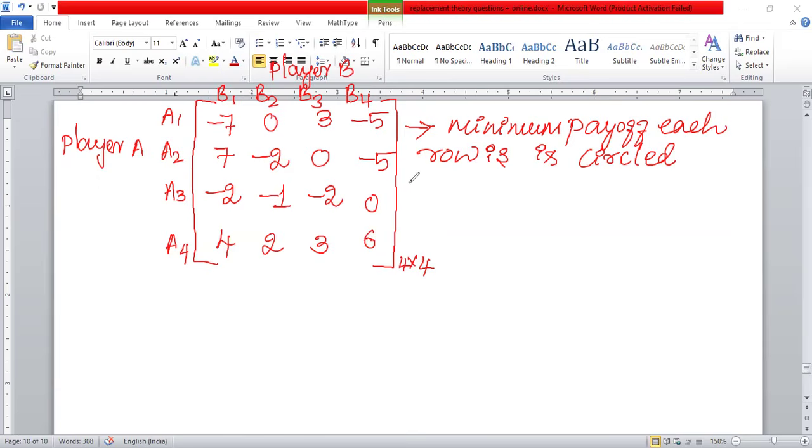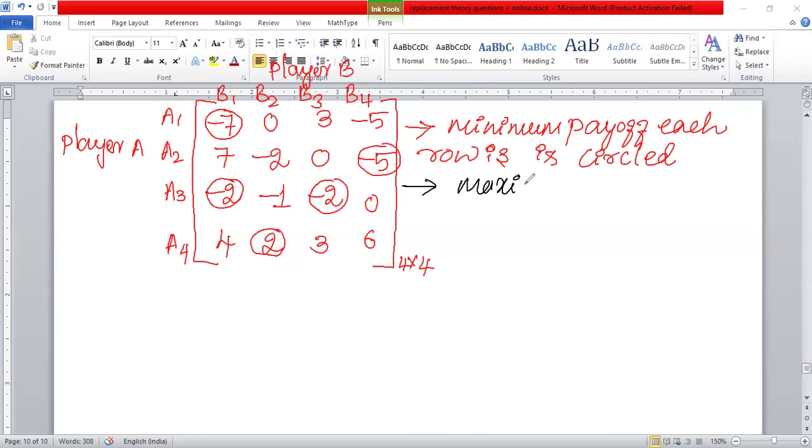Step number 1: minimum payoff of each row is circled. The 2 is the minimum number for the last row. Here -2, -2, here -5, and -7 is the minimum.